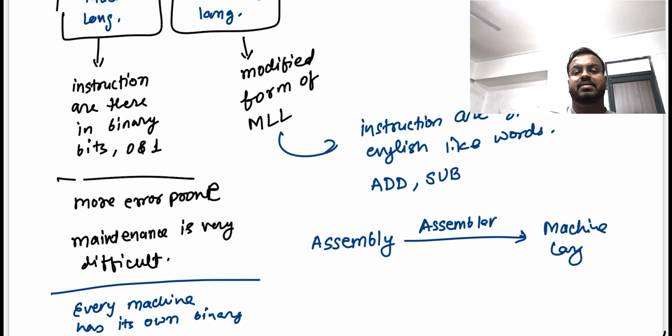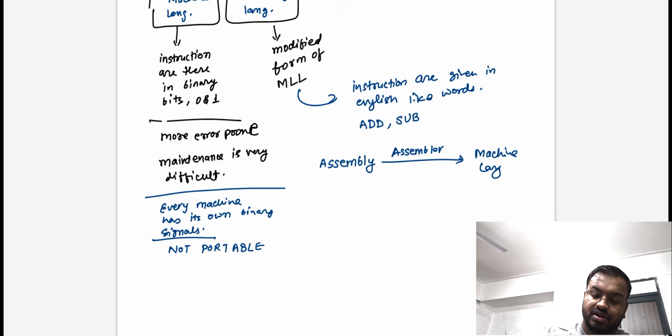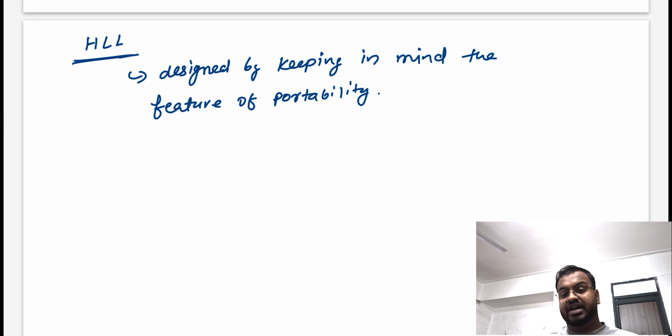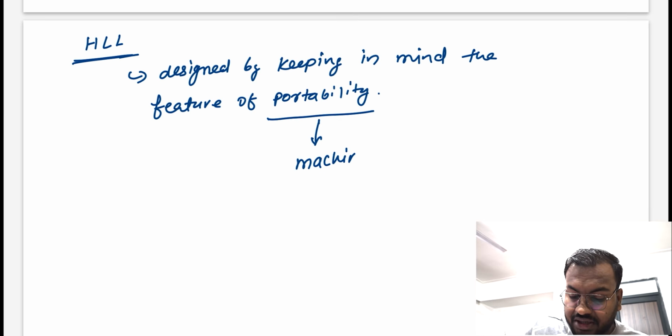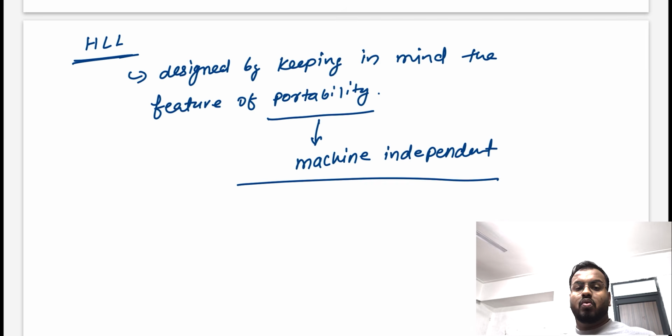That's why high level languages came into picture. High level language was designed keeping in mind the feature of portability, means these languages are machine independent, means a program written on one machine can be executed on another machine.